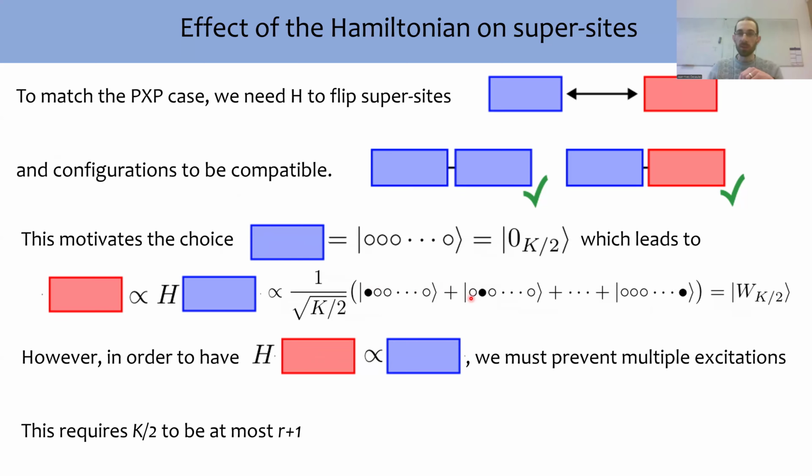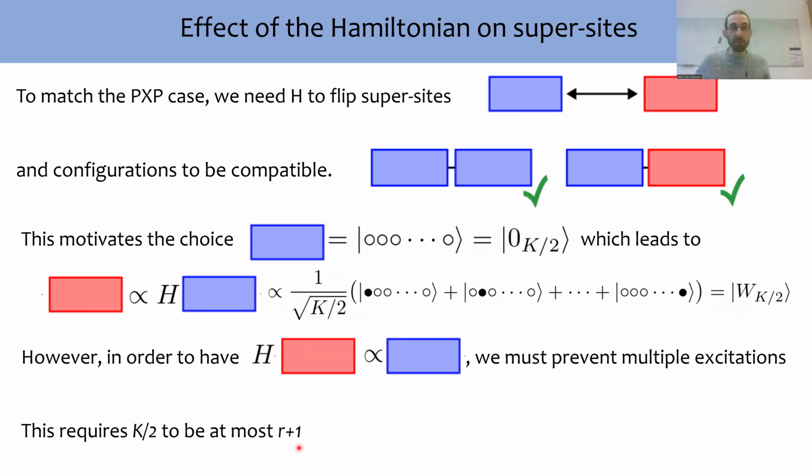So we want this supersite to have at most one excitation, because otherwise the Hamiltonian can just keep adding excitations and our mapping to a two-level system is dead and nothing happens. The way to do this is to keep this supersite small enough so that it can have at most one excitation. And it's pretty straightforward to see that for that to happen, my supersites must have at most R+1 atoms.